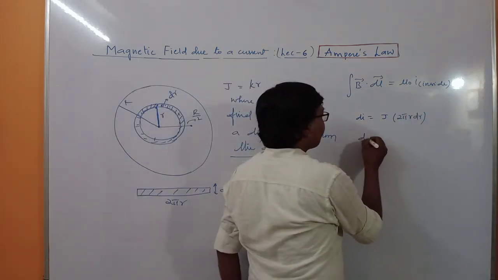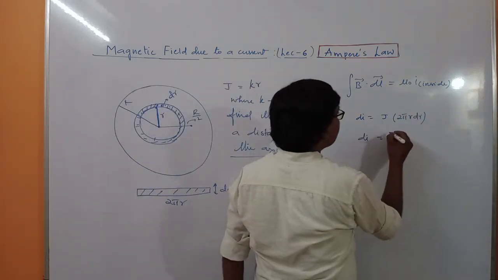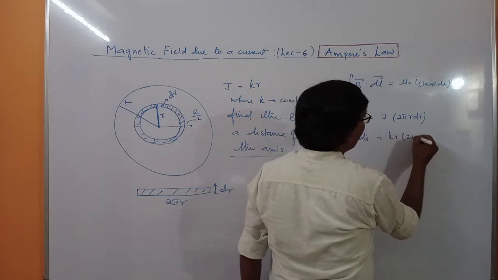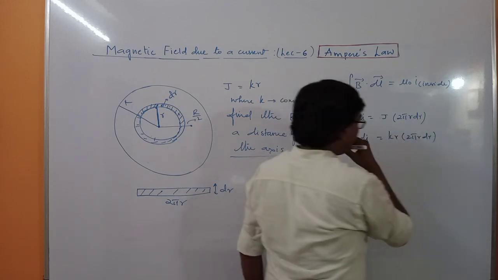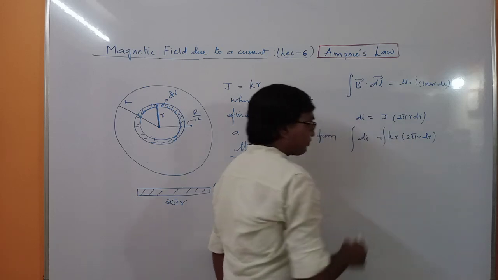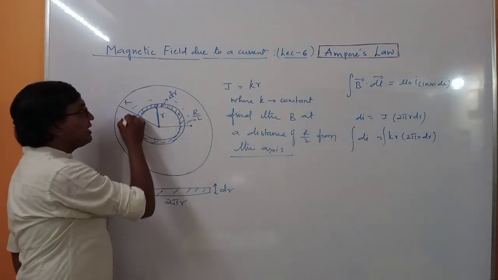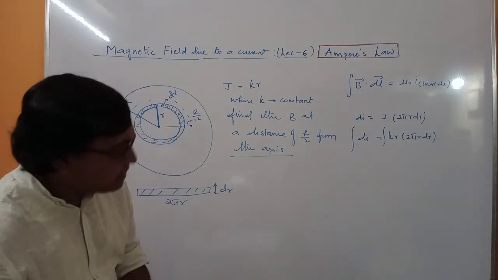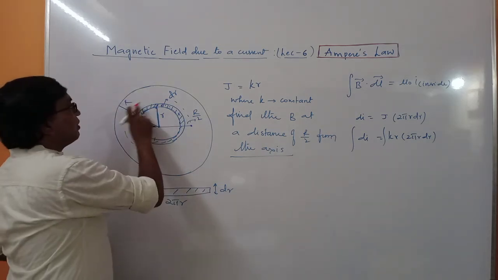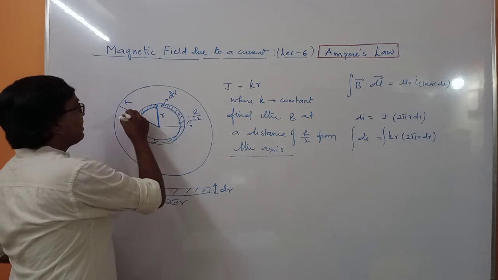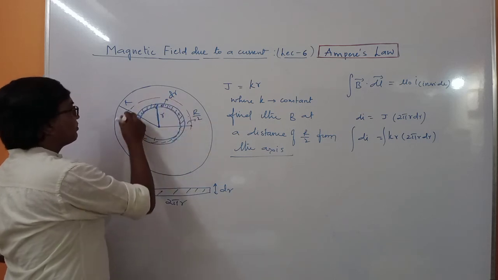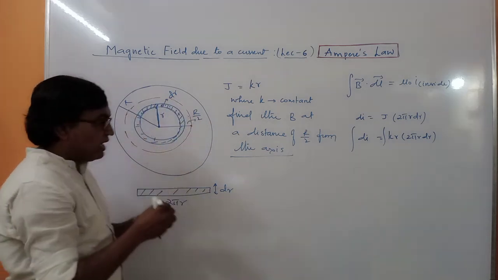Then dI will be equal to J, which is kr, times 2 pi r dr. Now we want the total current contained in this area, so we integrate from 0 to R by 2.